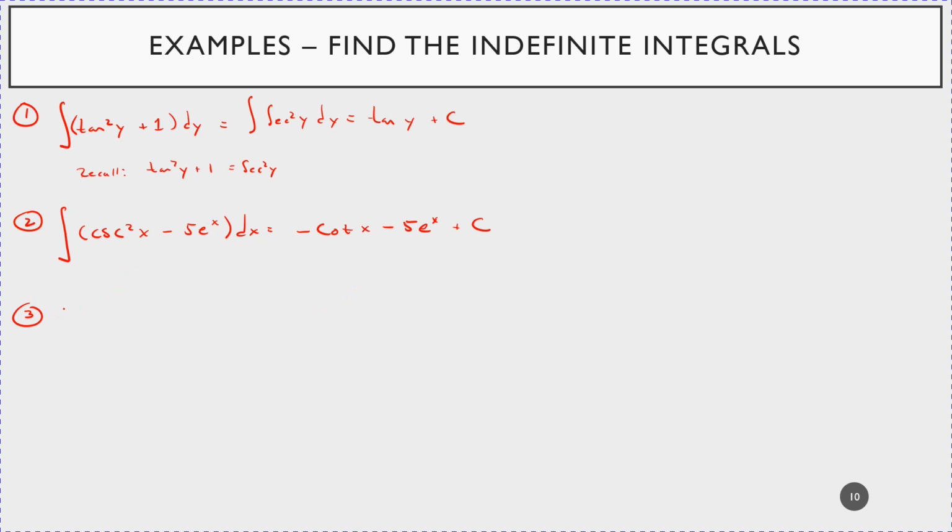All right, let's try this one. Let's look at the integral of 5x minus 2 raised to the x power dx. All right, well, this one here, this is just 5 times x to the 1 plus 1 divided by 1 plus 1, minus, now 2 to the x power.